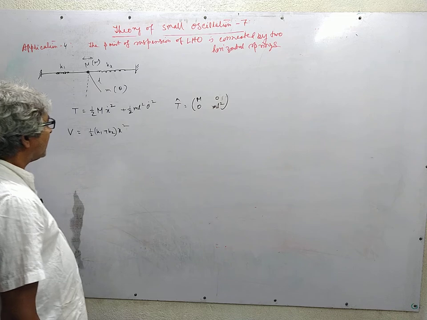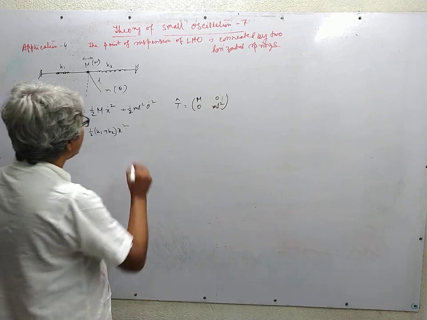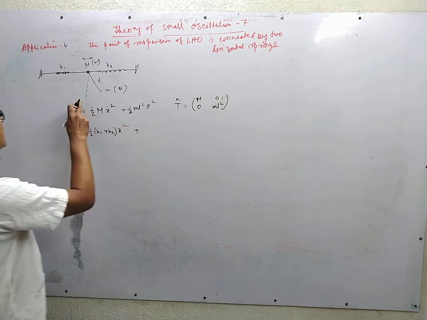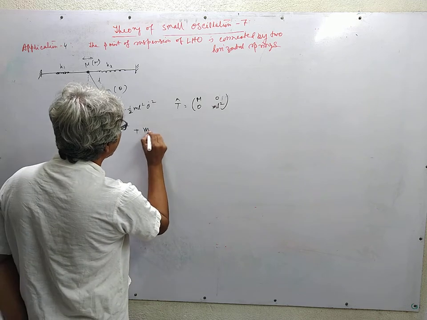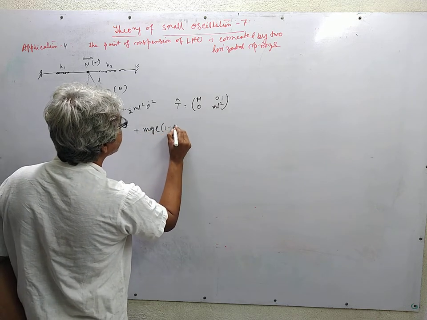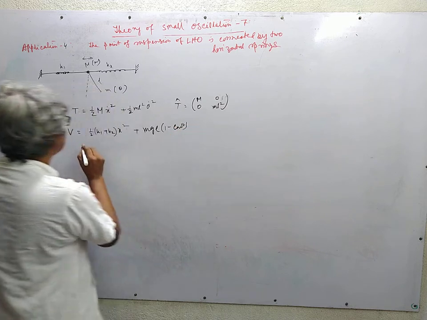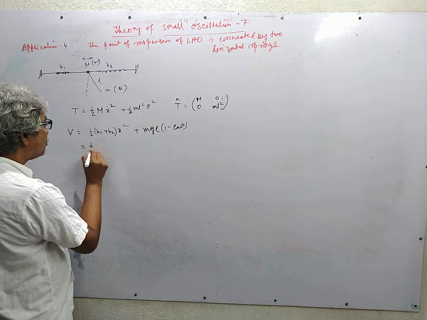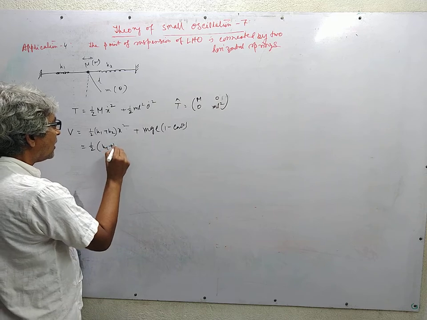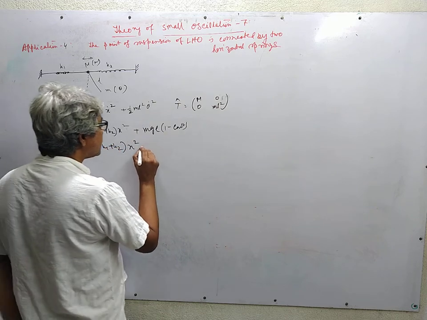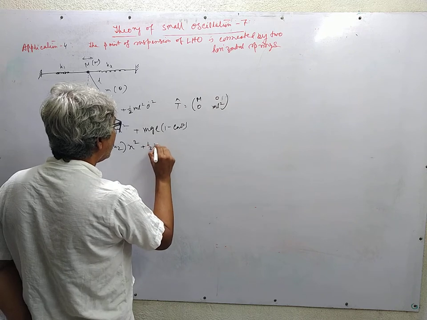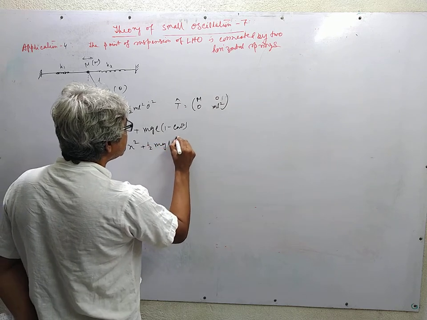Plus, if we consider this to be the zero level, then this energy is m g l (1 minus cos theta), which can be approximated to half m g l theta square.